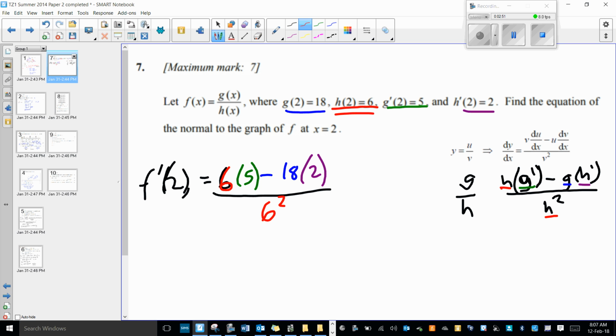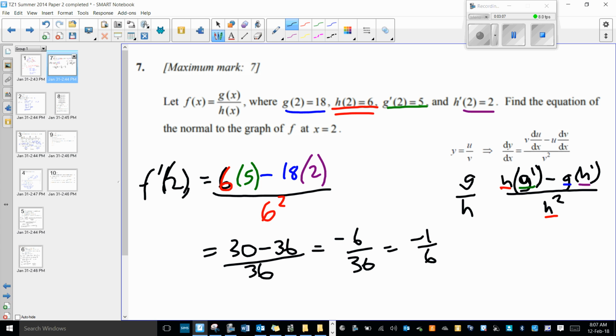So that is 30 minus 36 over 36. So that's negative 6 over 36, which is negative 1/6.